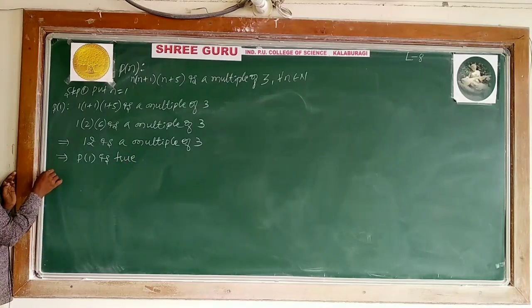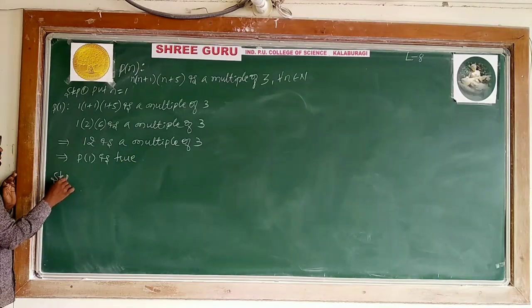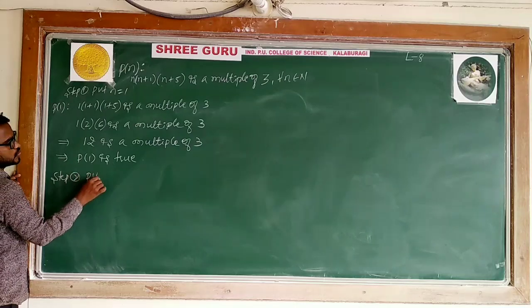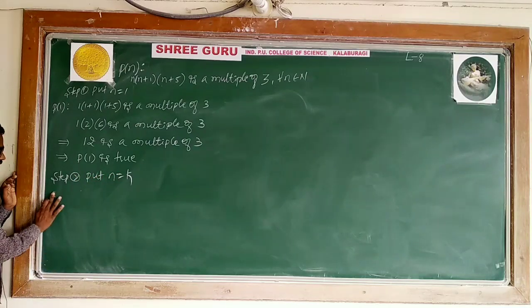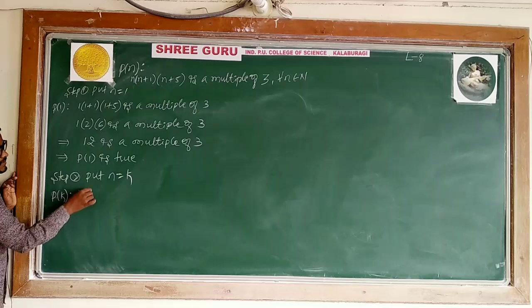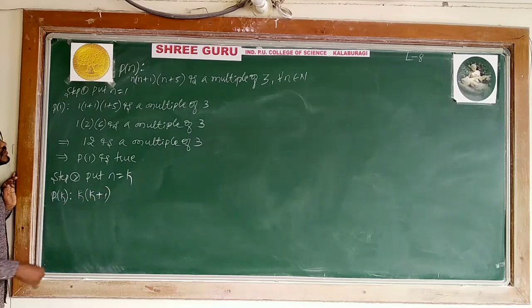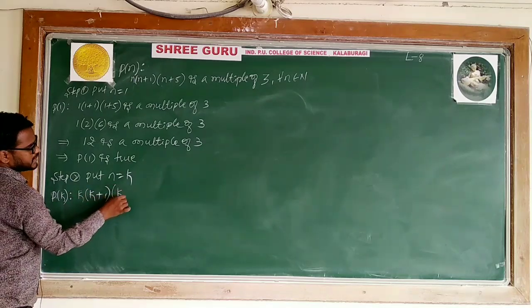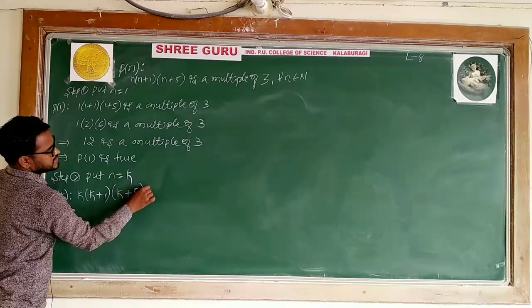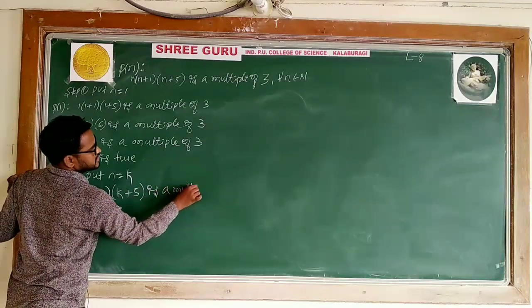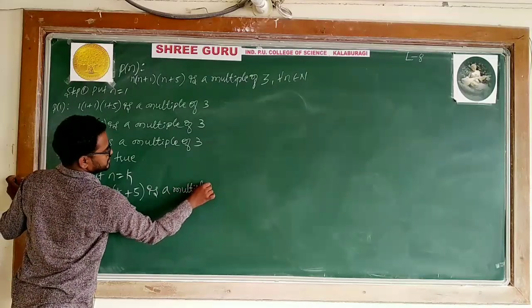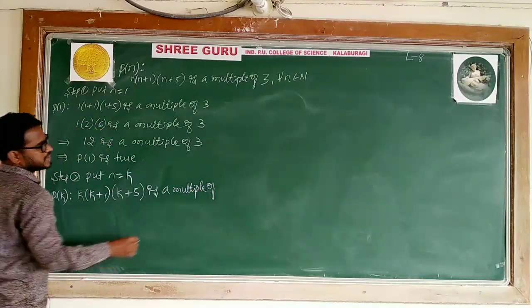Okay. Now step 2. Put n equal to k. In the case of n equal to k, I can say P of k: k into k plus 1 into k plus 5 is a multiple of 3.